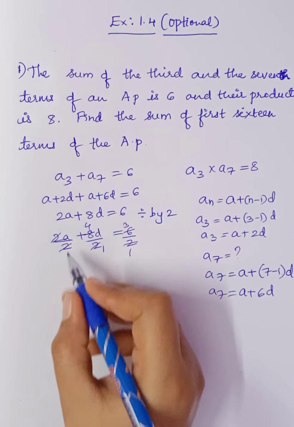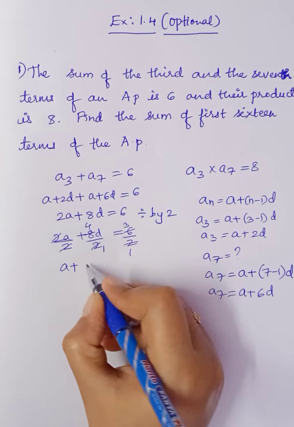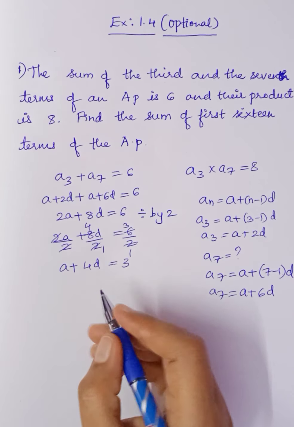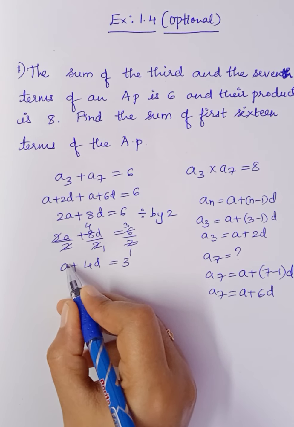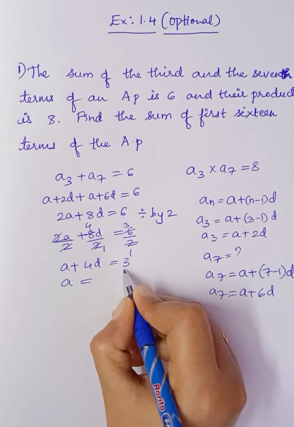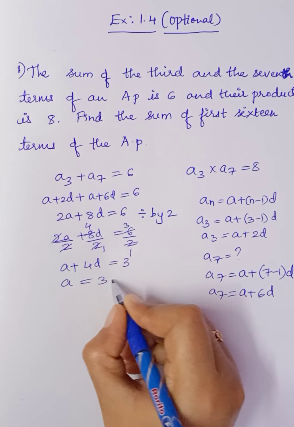Now what remains here? a plus 4d is equal to 3. Now I will keep a as it is, which is equal to 3 minus 4d. See, this 4d I am shifting here, 3 as it is, so it will become minus 4d.